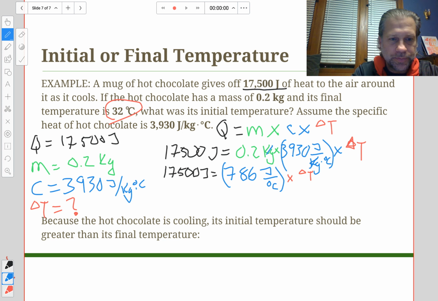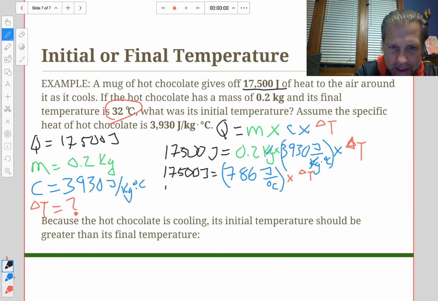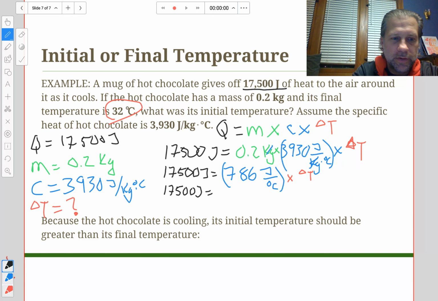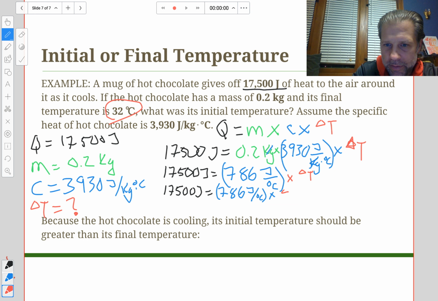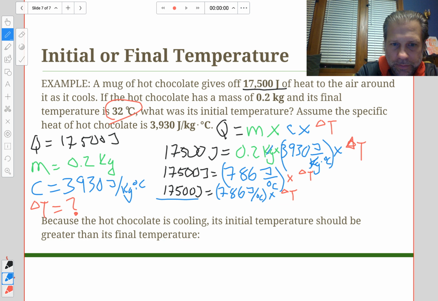So I'm going to rewrite the problem. 17,500 joules equals 786 joules over degrees Celsius times delta T. Well, I'm going to divide both sides by 786 joules degrees Celsius.